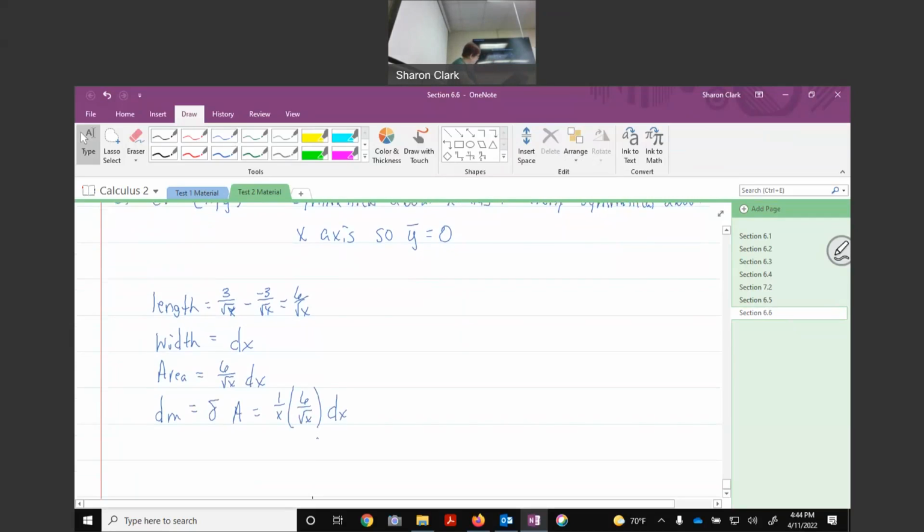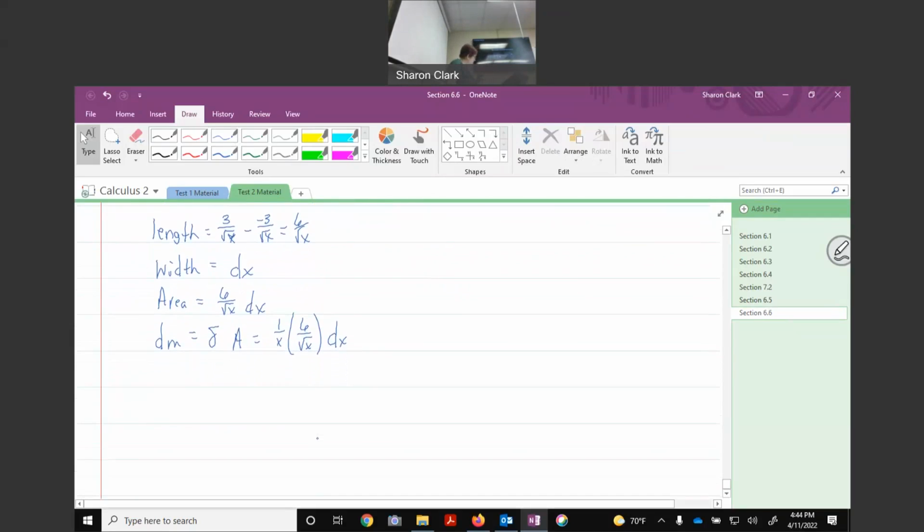Okay. M equals the integral from 1 to 4 of 1 over x times 6 over the square root of x dx. So that's going to be 6 times the integral from 1 to 4 of x to the negative 1 times x to the negative 1/2 dx. So that's 6 integral from 1 to 4 of x to the negative 3/2 dx.